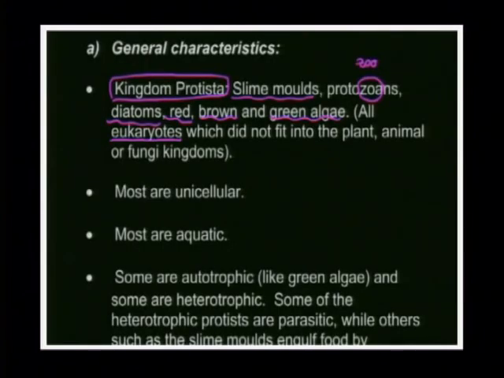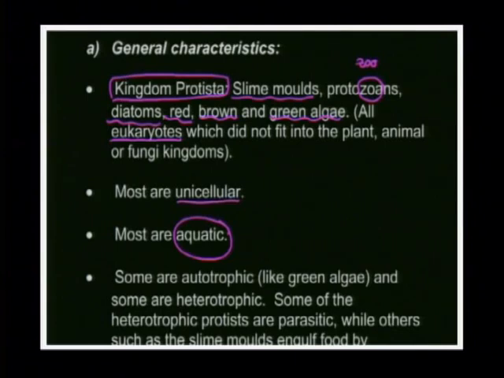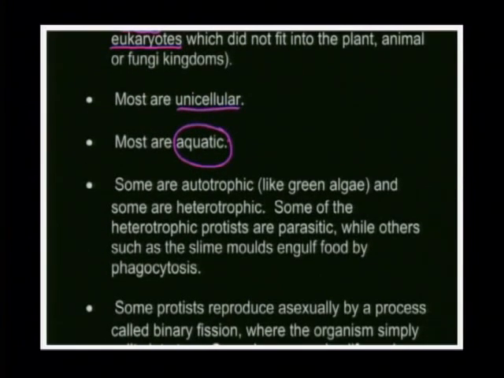They are eukaryotic. They are usually unicellular. And as mentioned with the amoeba, most of them are aquatic or they live in water. Other features? Some of them, the more plant-like ones, are autotrophic, self-feeding. Others, the more animal-like ones, heterotrophic, different feeding.